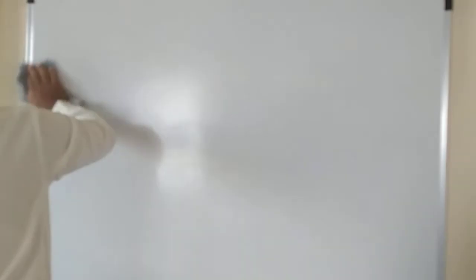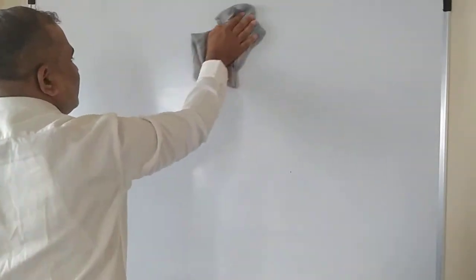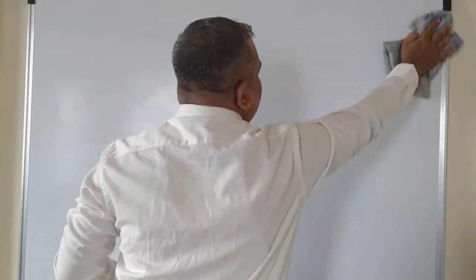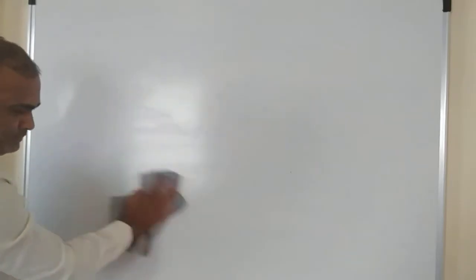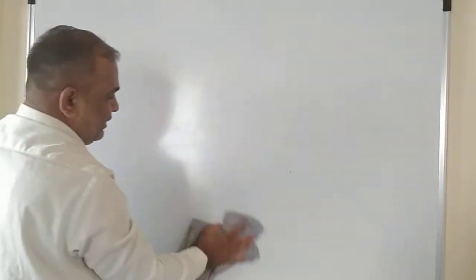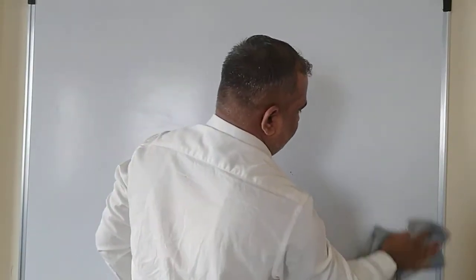Now to calculate the residue of the function f of z is equal to 1 upon z minus 1 bracket square into z minus 2.